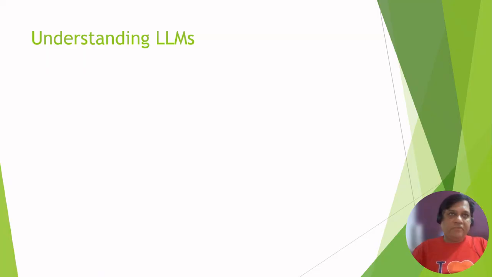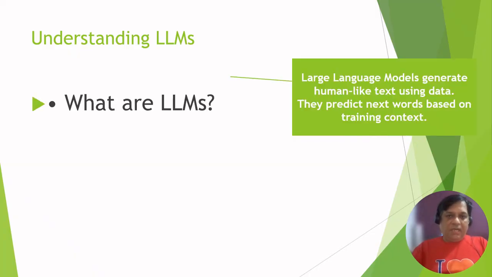Before going further, we will see what is LLM, or we will understand something about LLMs. LLM is large language models that generate human-like text using data. They predict next words based on training data. So there are four things in this. Large language model means the database which is there is very huge, and it generates human-like text as if a human is talking.